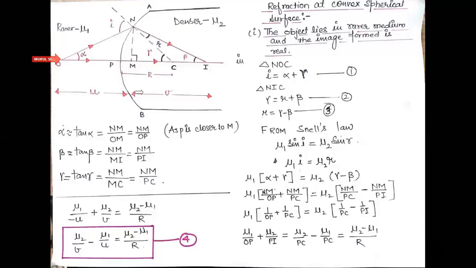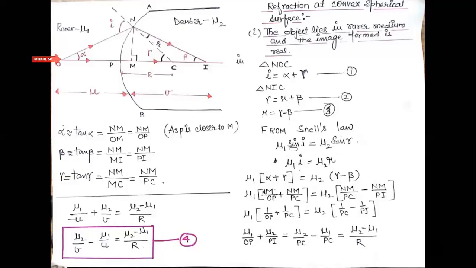Now we are going to apply Snell's law in this figure. As per Snell's law, mu1 sin i equals mu2 sin r. That is clear. Now you put the values of i and r in this equation.